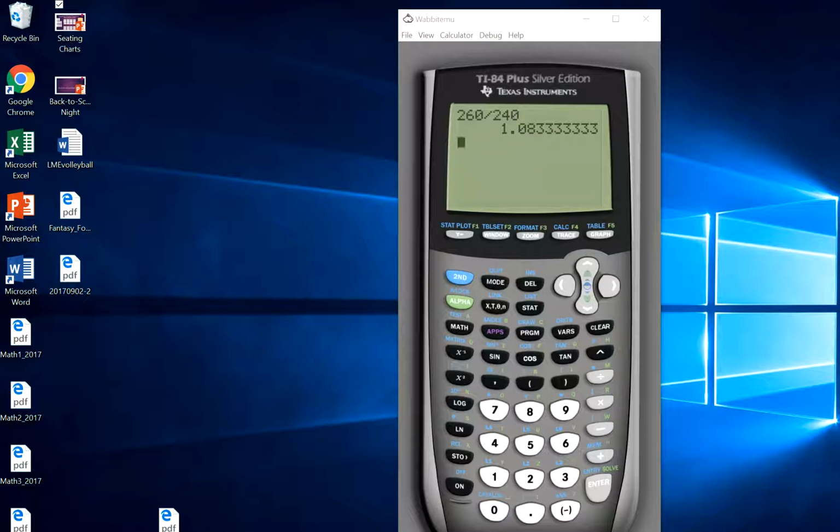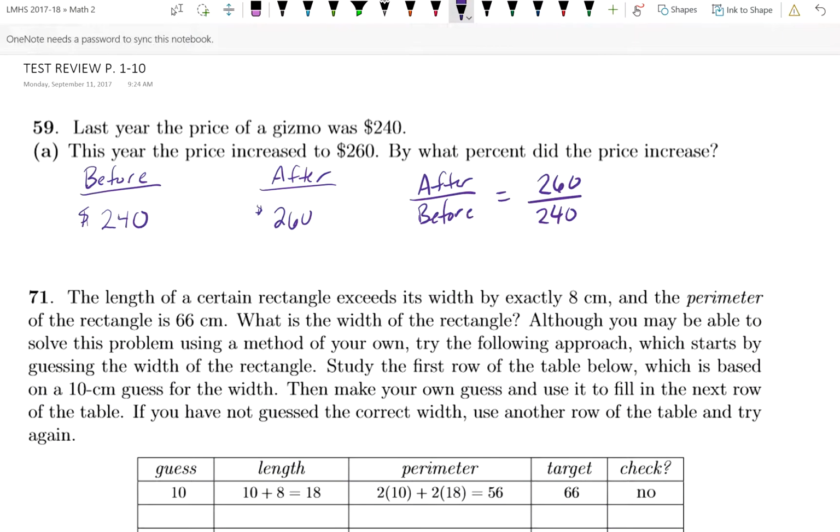So that 0.0833 is your increase. So this 1.0833 is the 100% that you already had, plus the part you went above. So the increase is 8.3%. Questions there? Okay, there'll be a couple of those on there, and we'll practice again here.